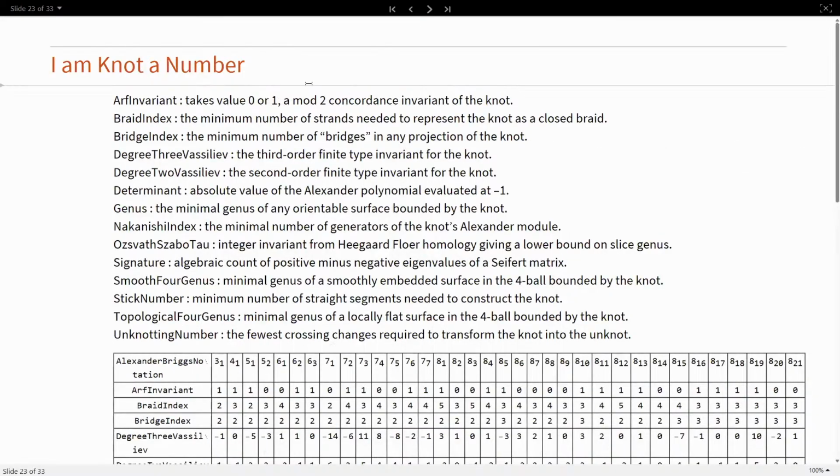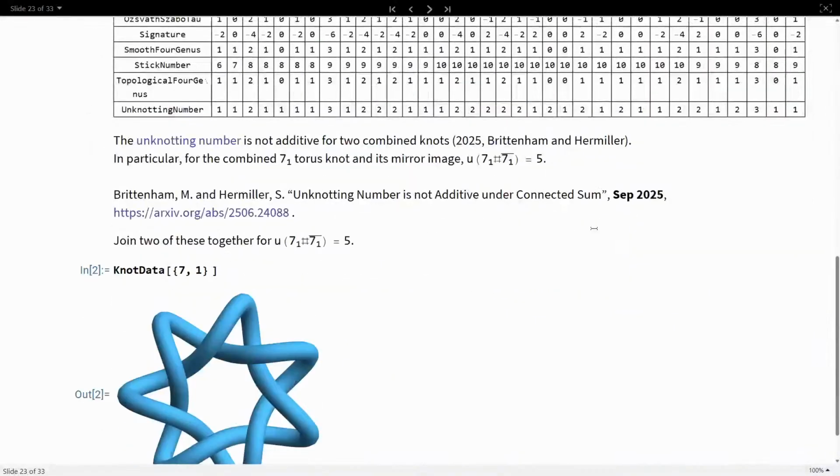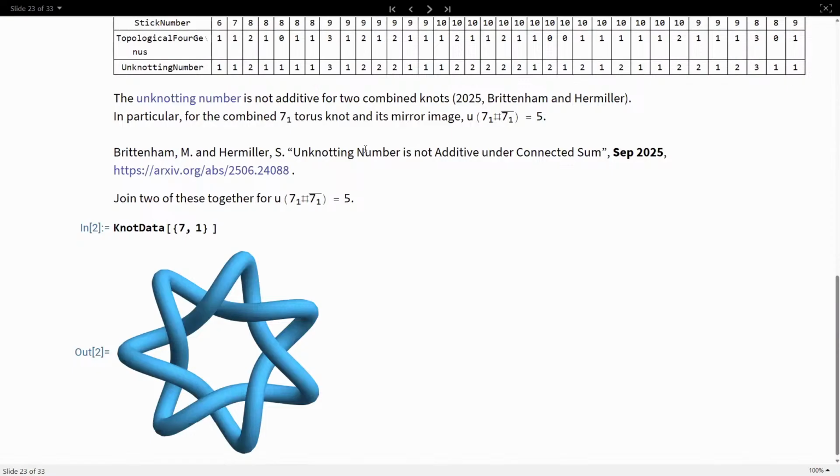And there's also a lot of numbers involved with knots. And that's one of the reasons I made this particular talk, because the unknotting number was something that was just solved last week. This paper here, the unknotting number is not additive.